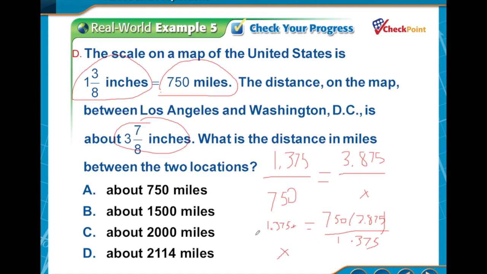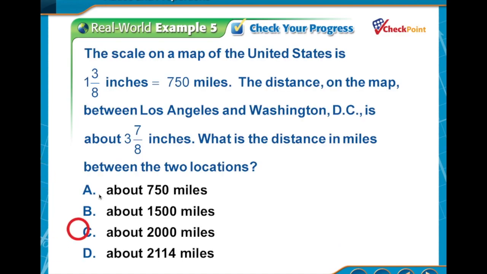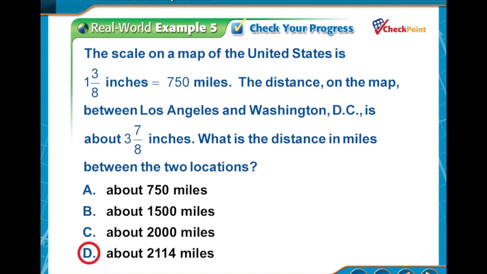So if we did that in a calculator, we should get the answer D, a little bit more than 2,000 miles. So the hard part there is setting up your proportion. Once you do that, this is your answer. We just write that out. You're going to need a calculator or do some long division to get there, but your answer is a little bit more than 2,000 miles.